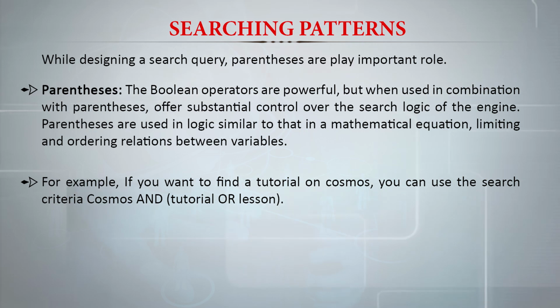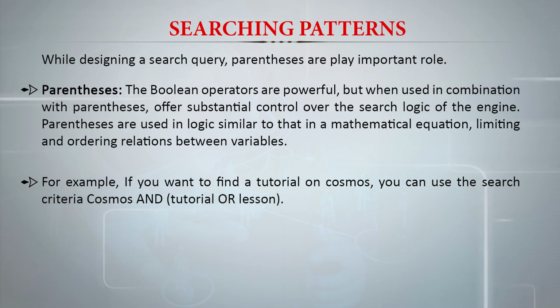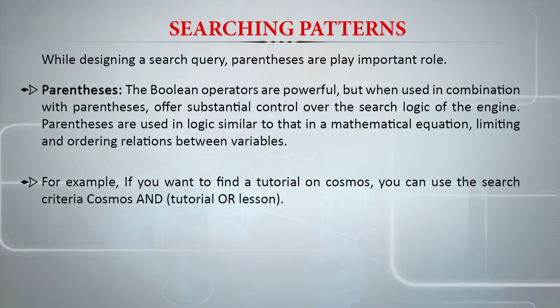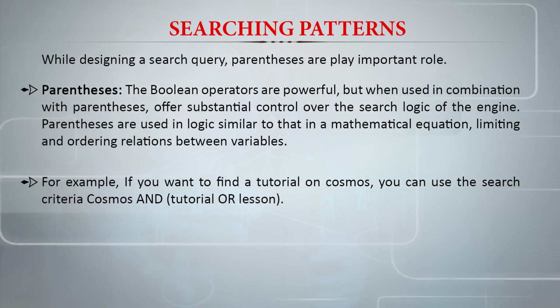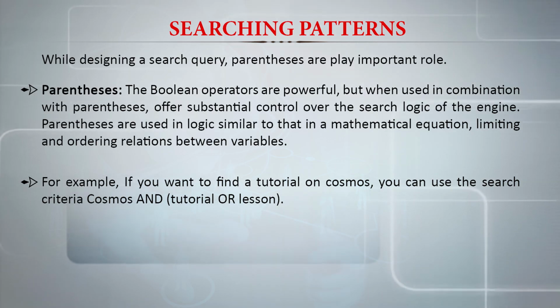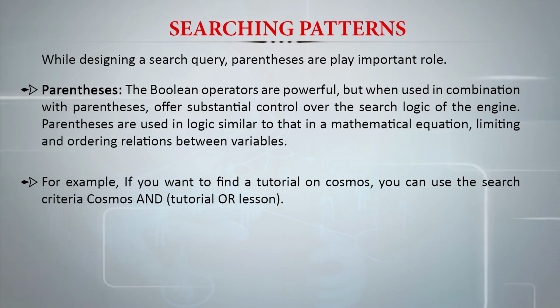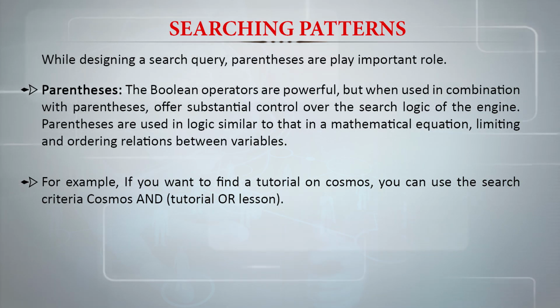Now suppose I say Cosmos, tutorial, lesson, then the output is going to be so huge. It doesn't mean that if I use AND, OR and parentheses, the output is not going to be huge. Even then the output may be huge, but it will be much larger if we do not use any operators and just say Cosmos comma tutorial comma lesson.